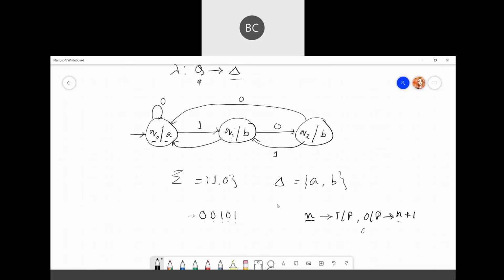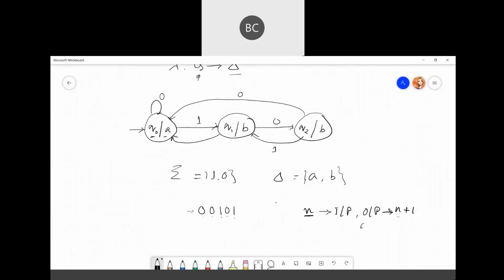So how do we do it here? Input symbols 1, 0 and output A. This is the initial state. We are here. The moment you are at the initial state, the output for that particular state is A. So the extra 1 is coming from here.